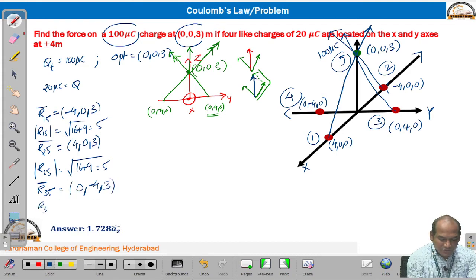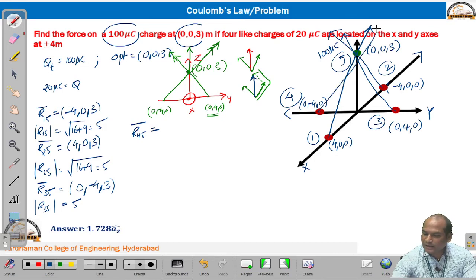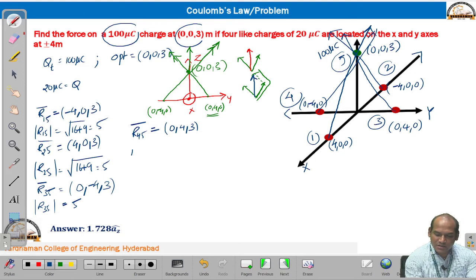What is the magnitude? You will get again 5. Next, finally, R45 bar will be like this. Okay, I did not draw properly here, that is passing through the point (0, 0, 3). So, 0 minus 0 is 0; observation minus source we have to take. So, 0 minus (-4) is plus 4; 3 minus 0 is 3. So, again the magnitude of R45 will also be 5.